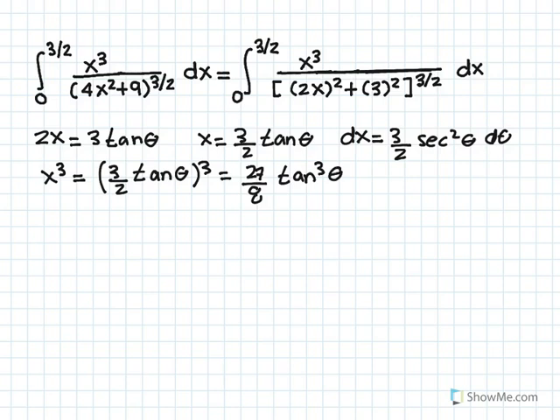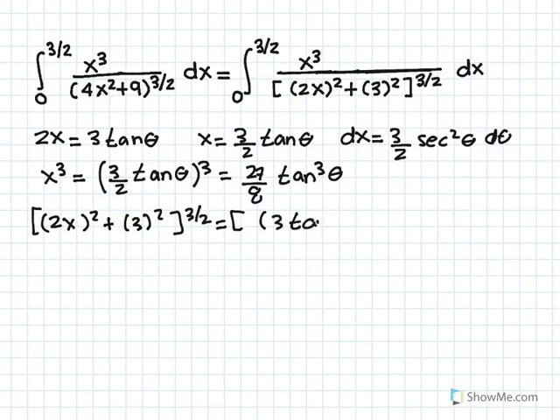What about the denominator? We have (2x) all squared plus (3) all squared, all to the power of 3/2. That gives us (3 tan theta) all squared plus (3) all squared to the power of 3/2.